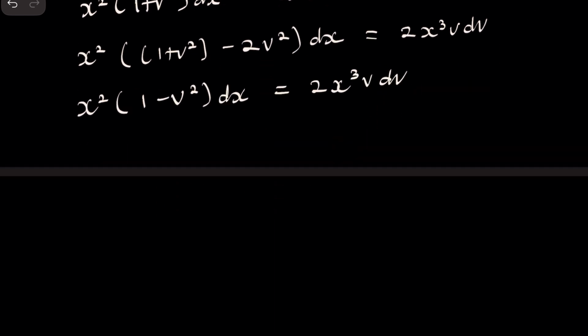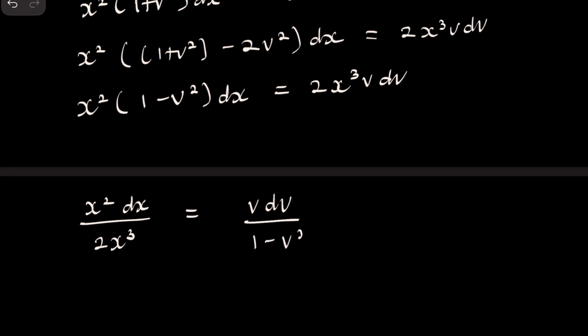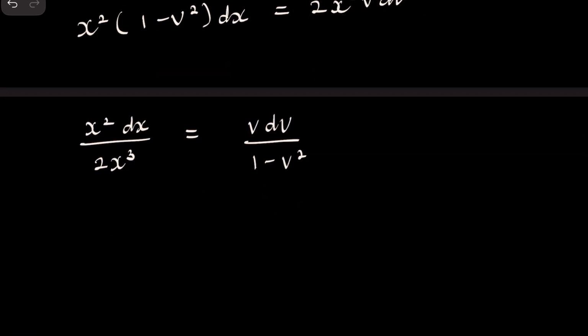Our next step is to separate terms, so we have x² dx divided by 2x³ equal to v dv divided by 1 − v². Simplifying gives dx/(2x) = v/(1 − v²) dv.